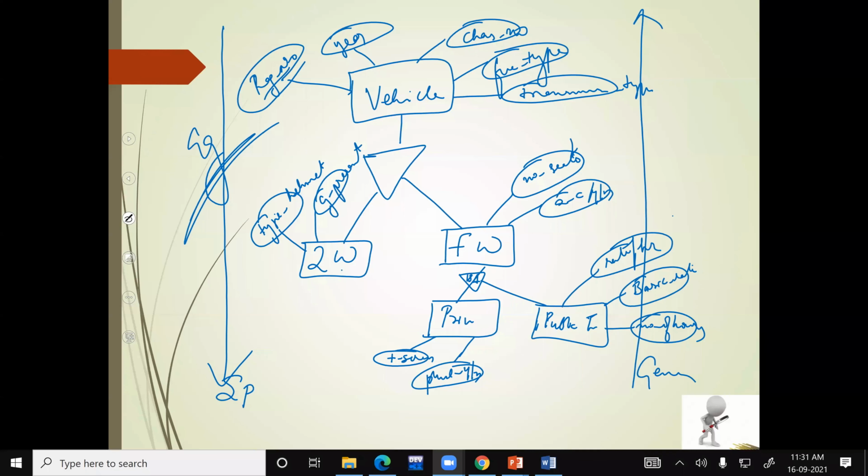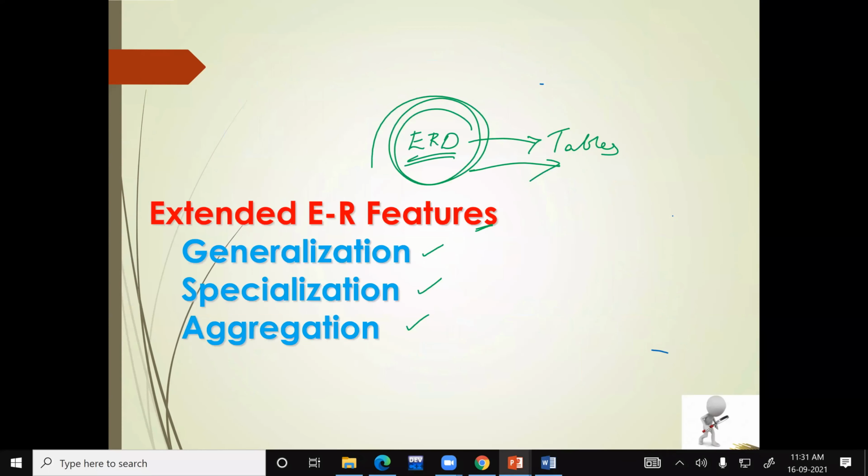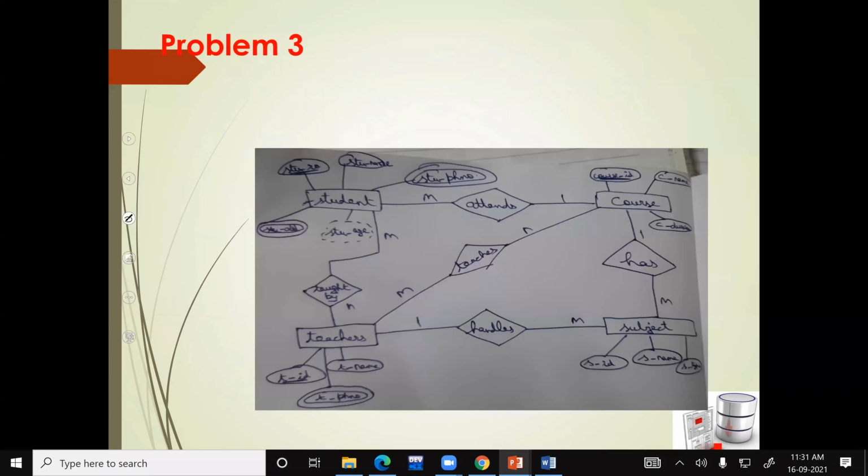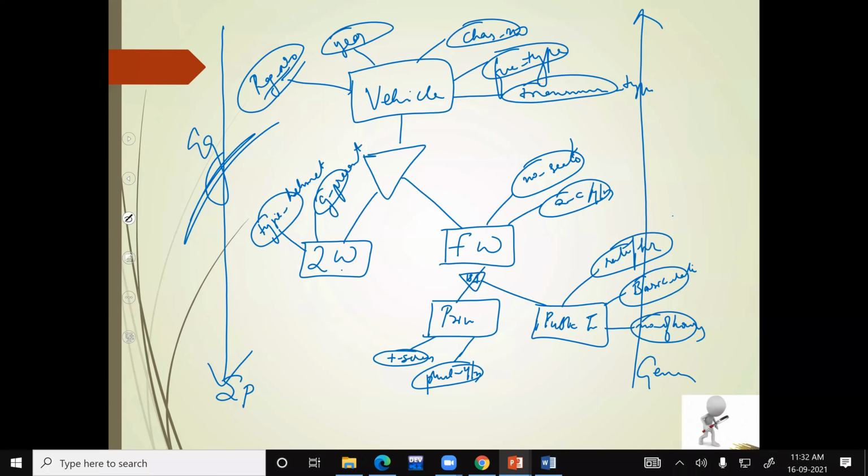See, another example of vehicles. If you think about a private vehicle, it will have a register number, year, the chassis number, the fuel type, the transmission, number of seats, whether you have an AC or not, whether you have a touch screen, whether you have plush interiors, and so on. If you think about public, it will have all the attributes of vehicle, all the attributes of four-wheeler, plus these attributes, which only the public transport will have.